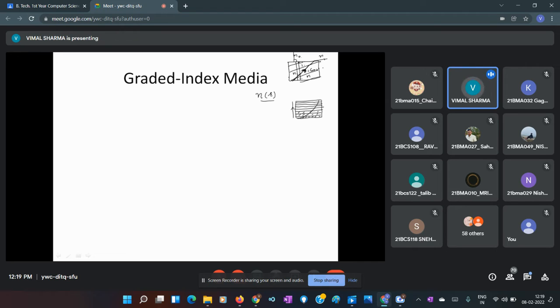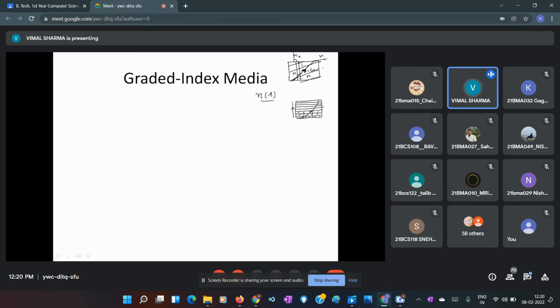Because every time it crosses a layer from denser to rarer, there will be bending of light. So continuously it is bending. They are very close layers, so there is continuous bending of the light as it moves from the most dense part of this medium to the relatively small refractive index part of this medium.